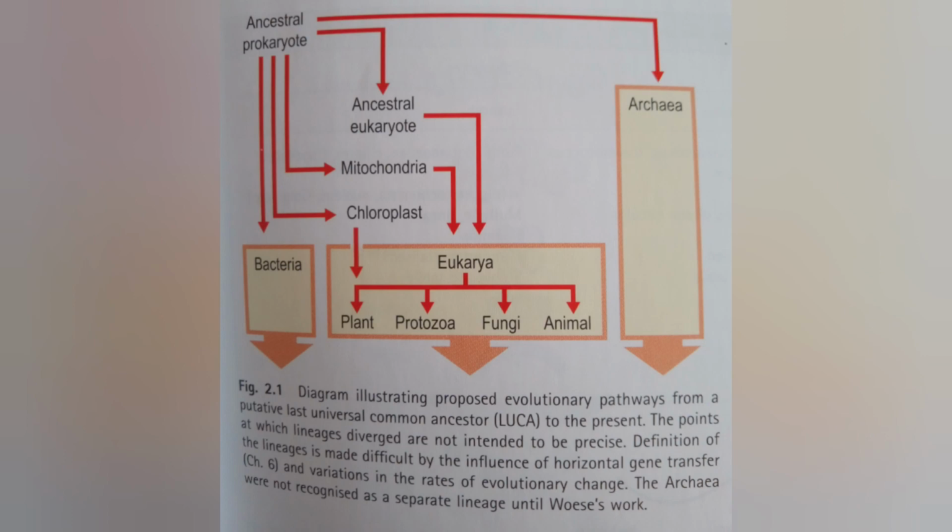We know the eukaryotes contain mitochondria and chloroplasts, and these eukaryotes are divided into four types: plants, protozoans, fungi, and animals. So indirectly this diagram denotes the phylogenetic pathway from LUCA, the last universal common ancestor, to the present organisms. So this is the whole illustration.